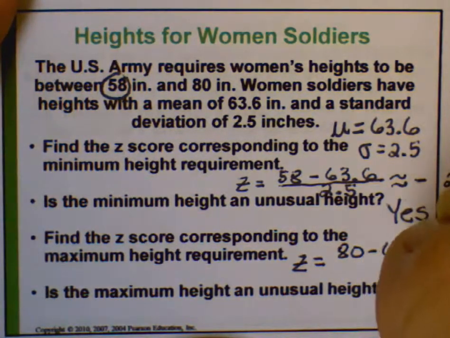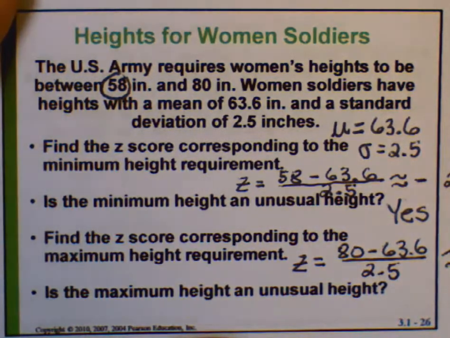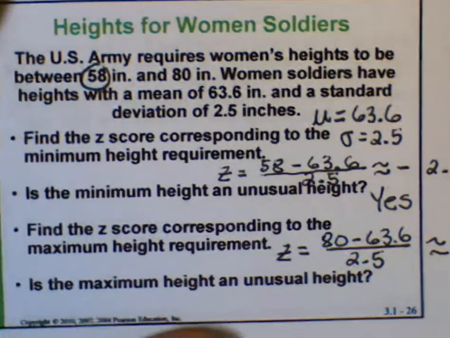80 minus 63.6 divided by the standard deviation would be 16.4 divided by 2.5. That's a z-score of 6.56.